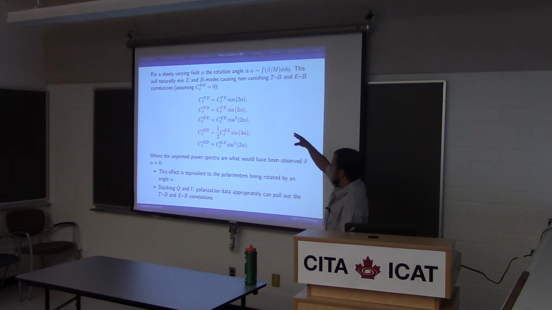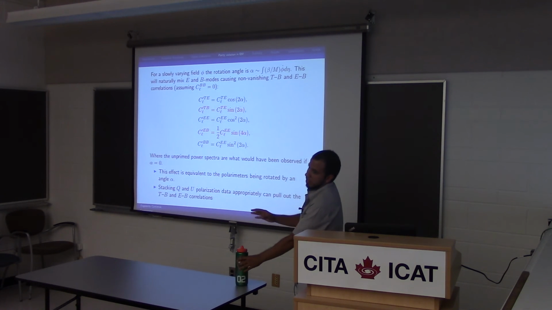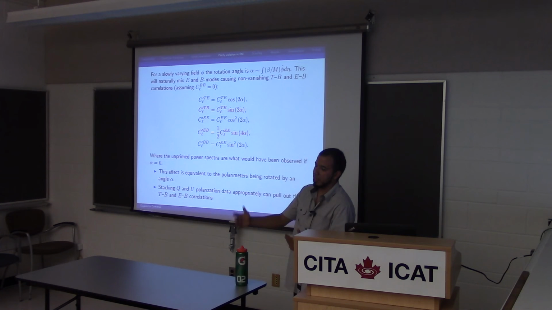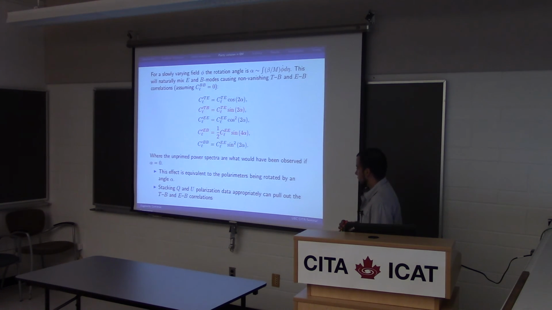In red, I've highlighted the TB and EB power spectrum. These are normally 0 if alpha is 0, because then I don't have any parity violations. But in the presence of this field, I will essentially rotate the E and B modes in such a way that I'll pick up these parity violating correlations.